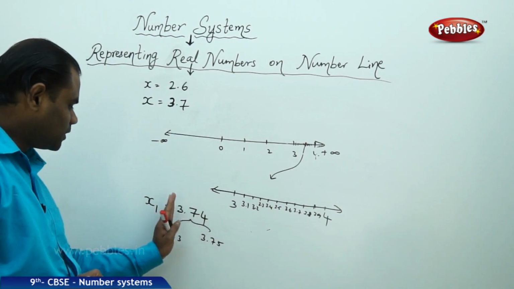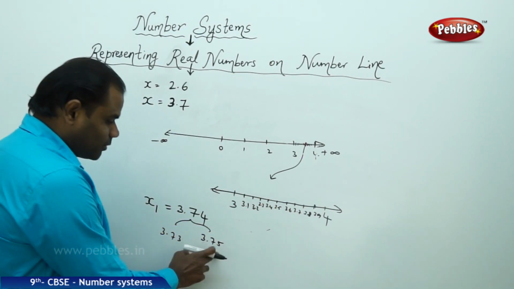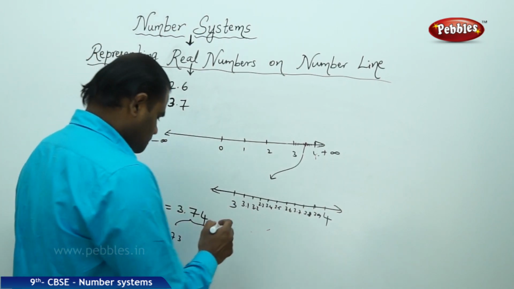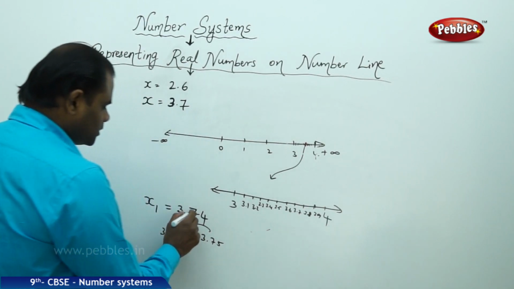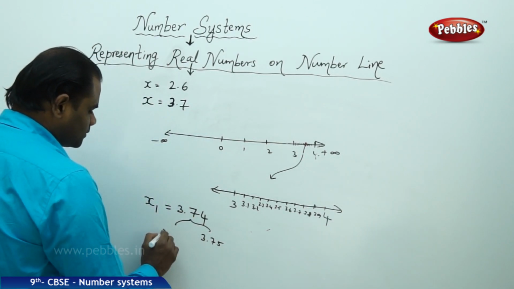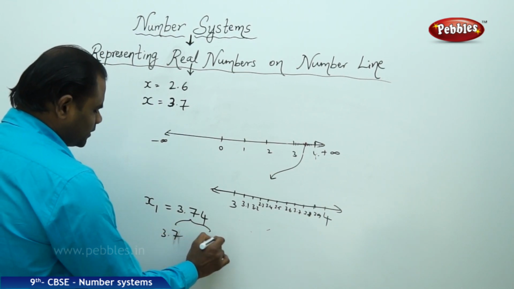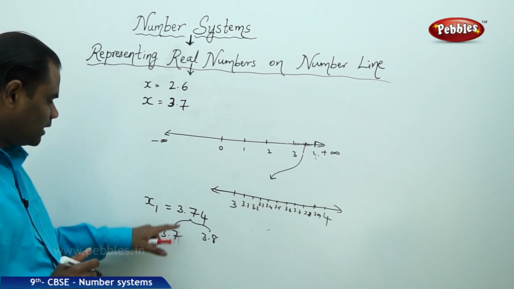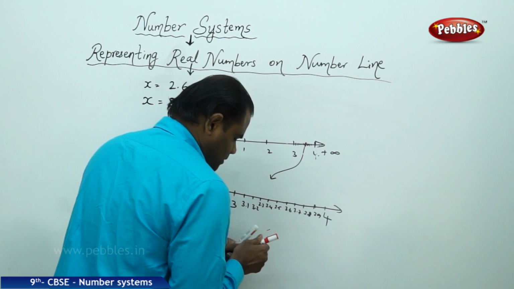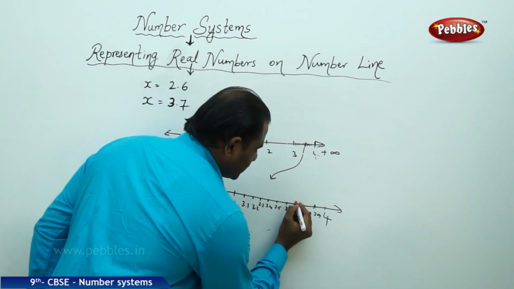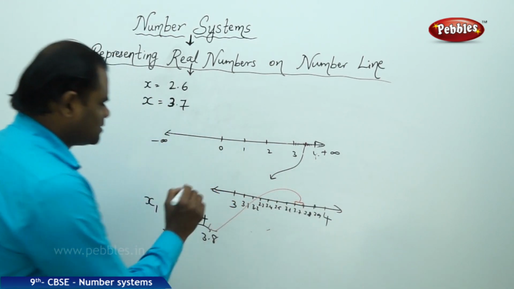The value on the left of 3.74 is 3.73, and the value on the right of 3.74 is 3.75. Also this value is between 3.7 and 3.8. So this value of 3.74 lies in the region between 3.7 and 3.8. So this is the region where this value lies.